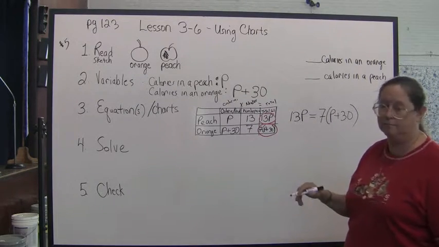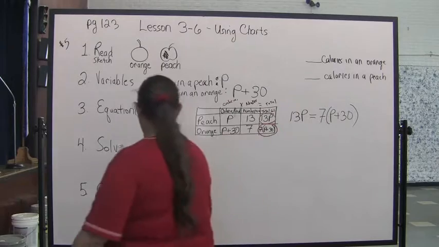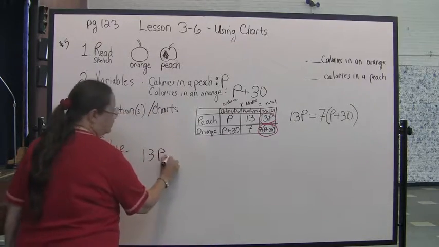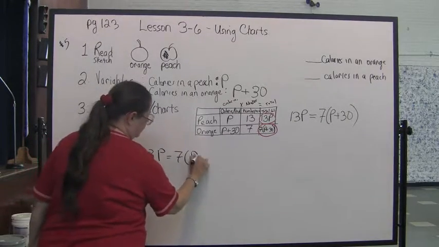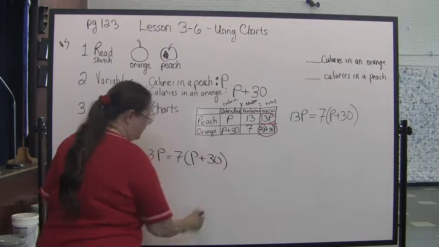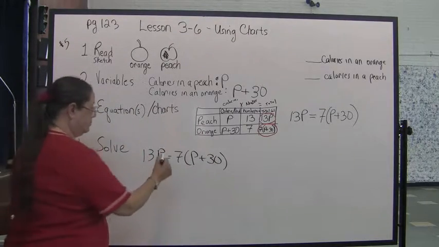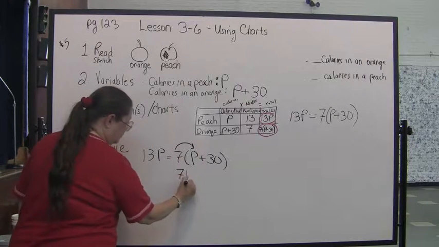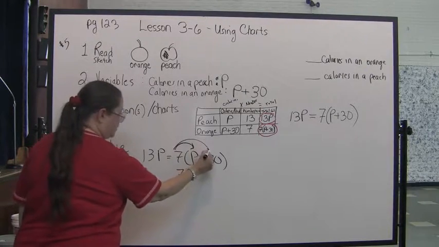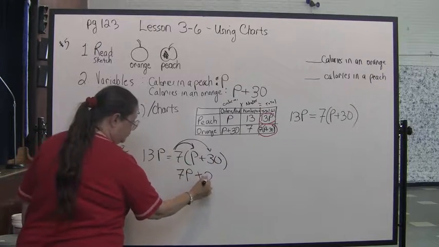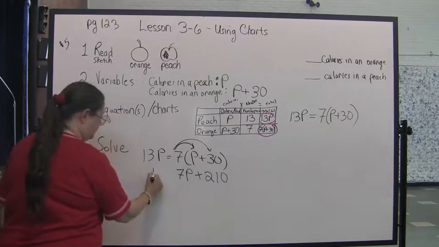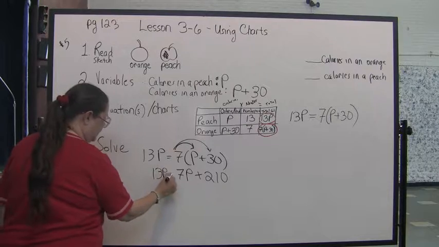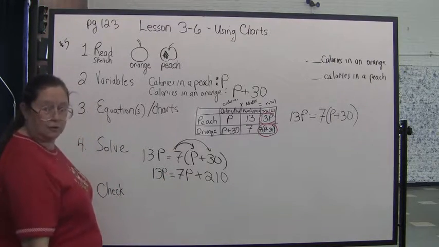Now we have to solve it. 13p equals 7 times p plus 30. We have to distribute. 7 times p gives me 7p. 7 times positive 30 gives me plus 210. So I have 13p equals 7p plus 210.